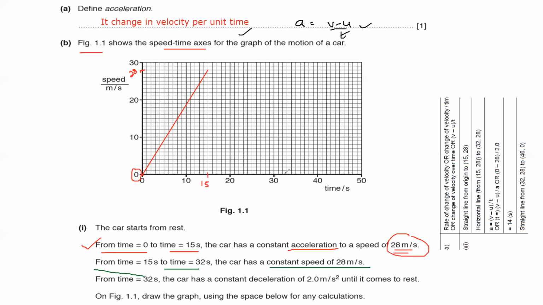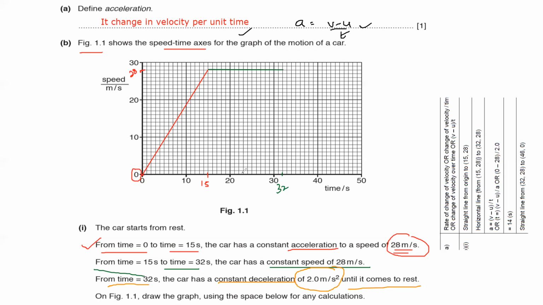So when time is equal to 32, this is the time 32. And it continues to move. So I will draw a horizontal line which shows that the speed does not change until 32 seconds. Then the third part, for time 32 seconds, the car has a constant deceleration of 2 meter per second square until it comes to rest.